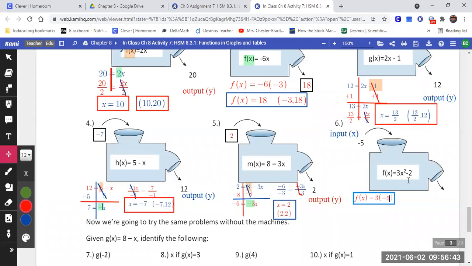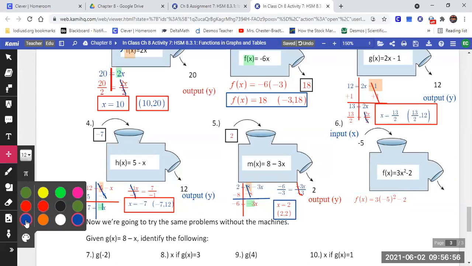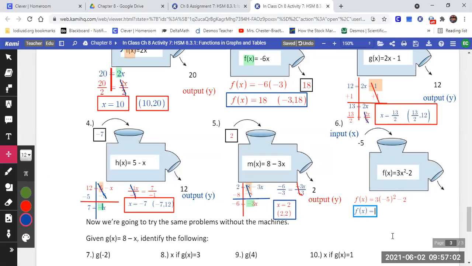3 parentheses -5 to the second power, minus 2. According to PEMDAS, we have to deal with that exponent first, right? So we have to solve that -5 squared first. What is -5 times -5?